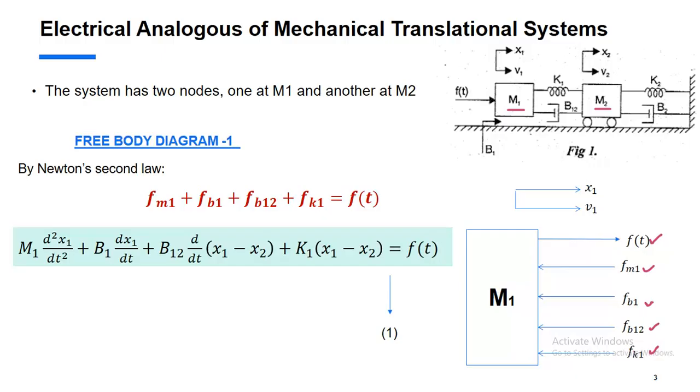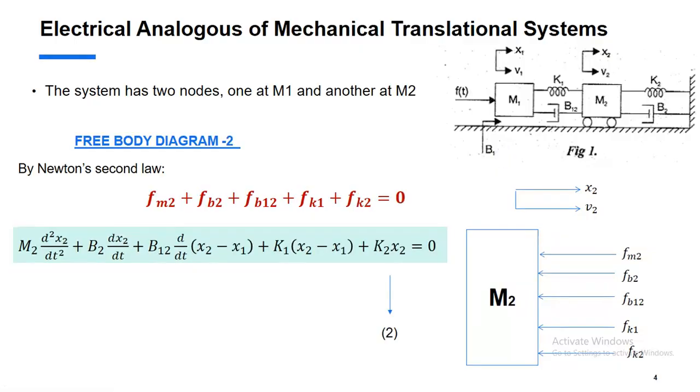B12 is available between the two nodes, so two nodes means two masses. So B12 into d by dt of x1 minus x2. Similarly, the spring K1 is between the two masses, so it is K1 into x1 minus x2, which is equal to F of t. This is equation number 1.